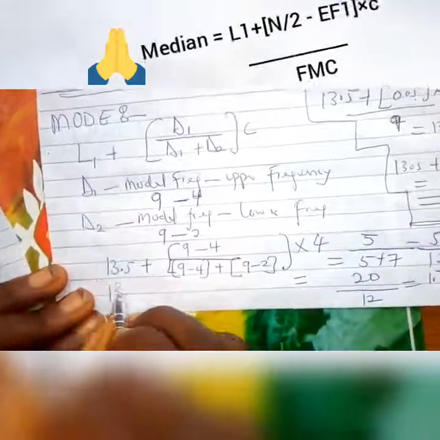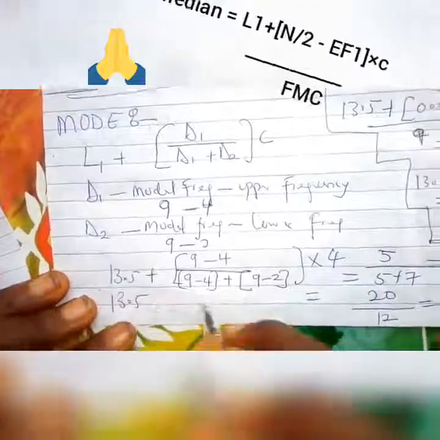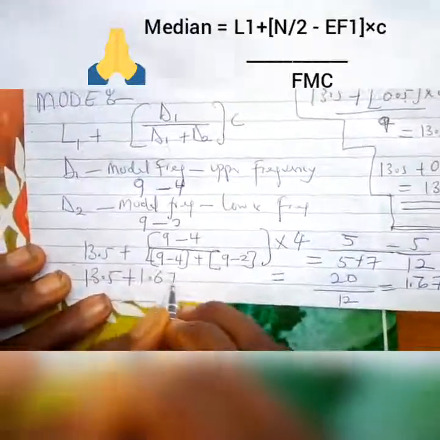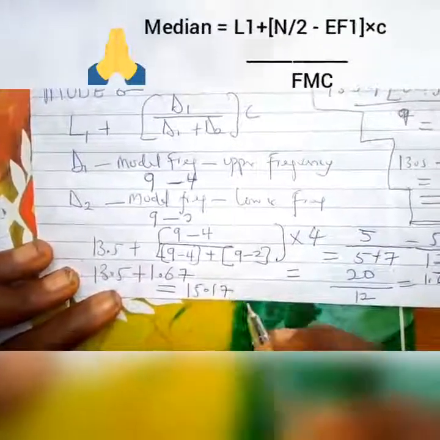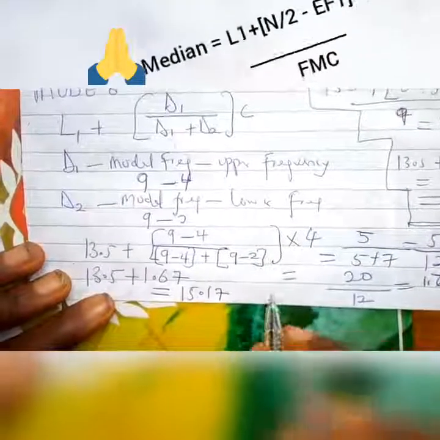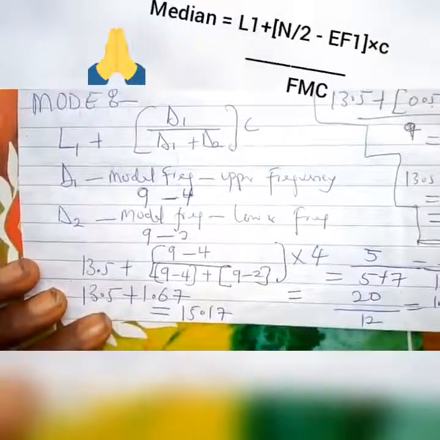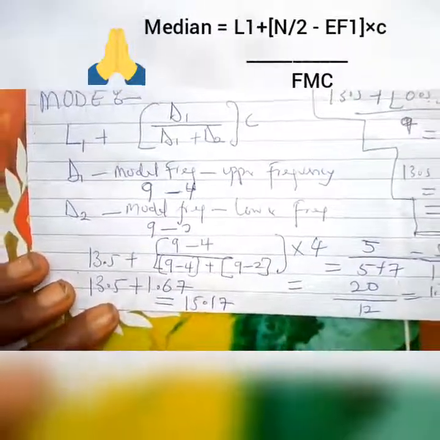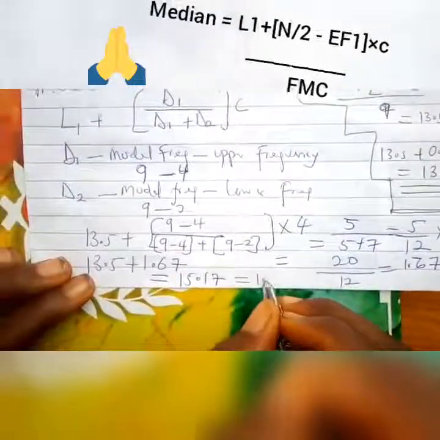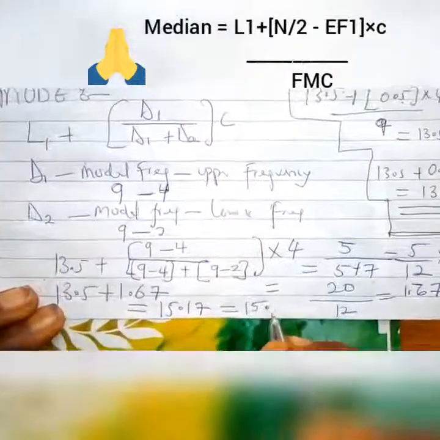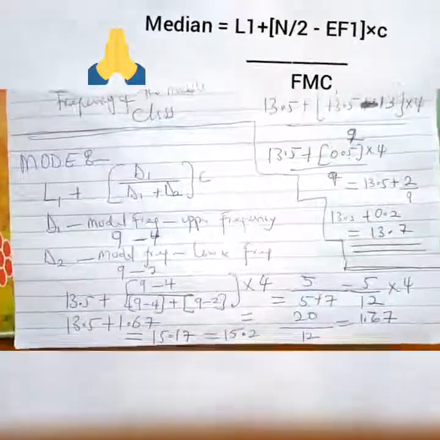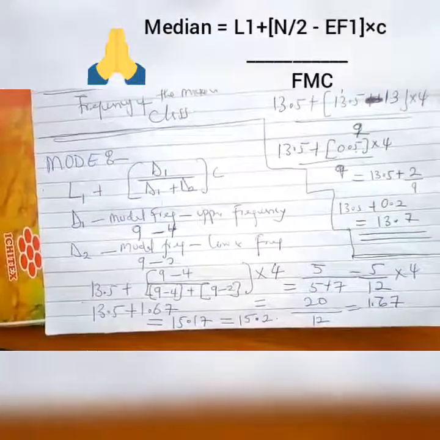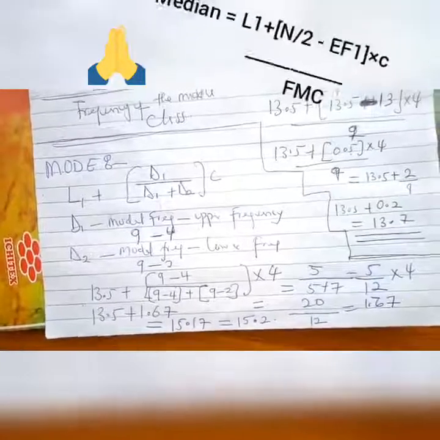So that makes it 13.5 plus 1.67, you'll be having 15.17. You might leave it this way, or if you feel like rounding it up to 1 decimal place, you'll be having 15.2.